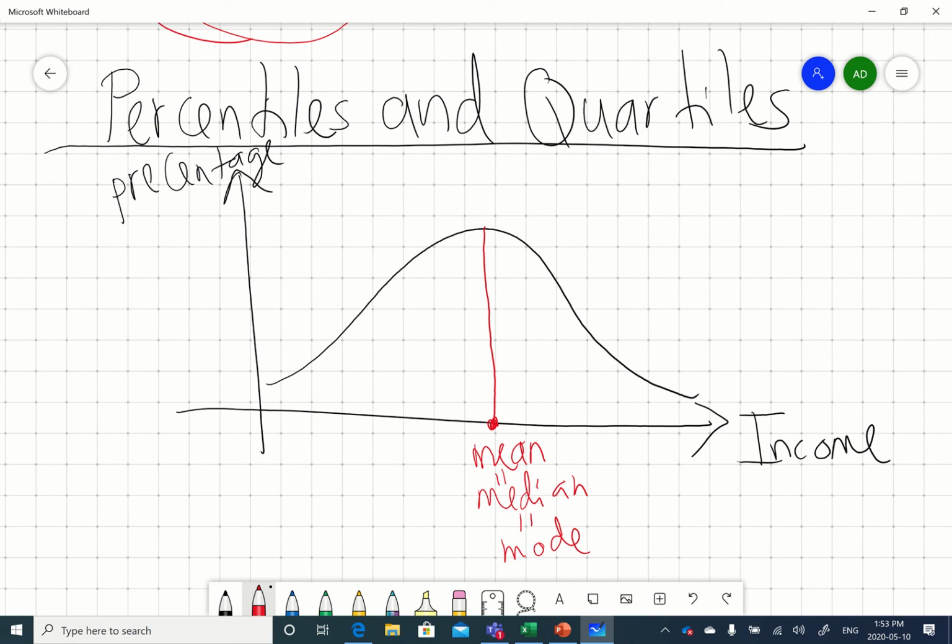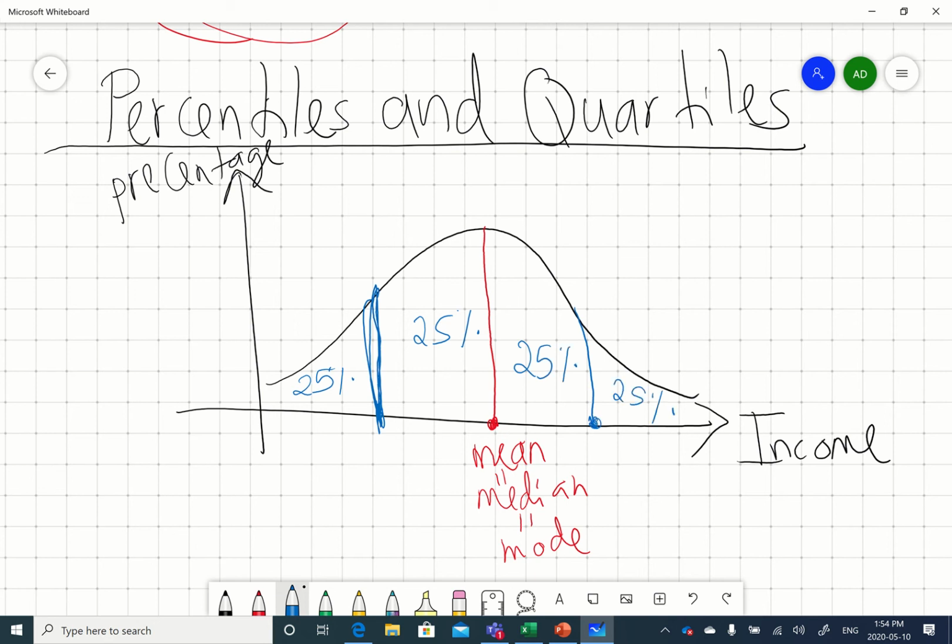And then you can further divide these two halves again into another two halves. If you want to divide the left half of your data set again into two pieces, let's say from here, this is going to divide this left 50% of the data into 25% and 25%. And then the right-hand side, the upper half, again can be divided into 25%, 25%.